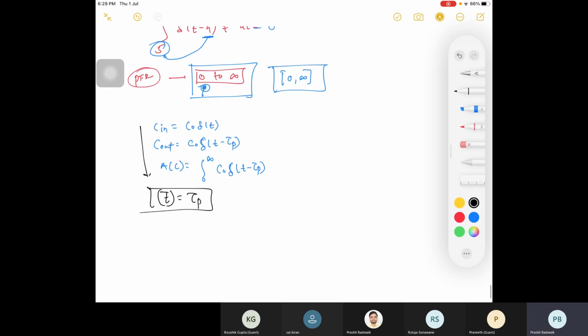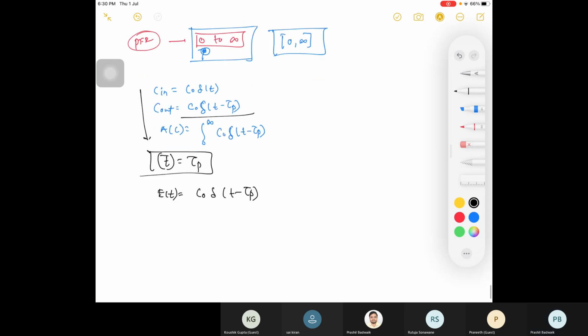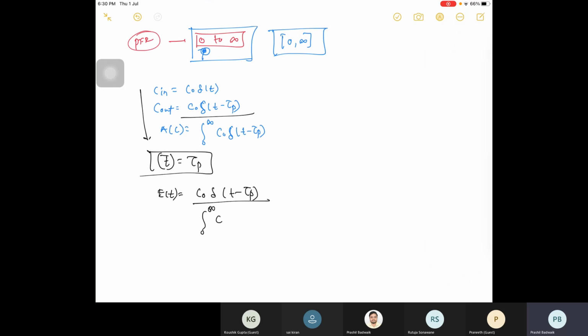Next was our area under the E curve. How can I calculate? C out divided by your area under the C curve. C naught del of t minus tau p divided by integration 0 to infinite C naught del of t minus tau p. What is the value of your denominator here?